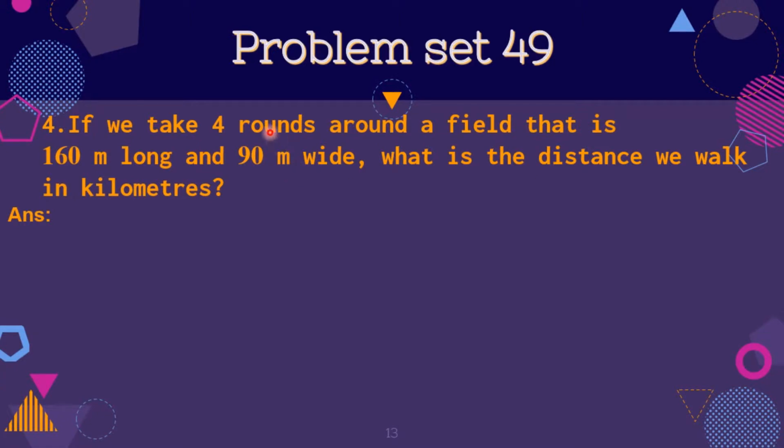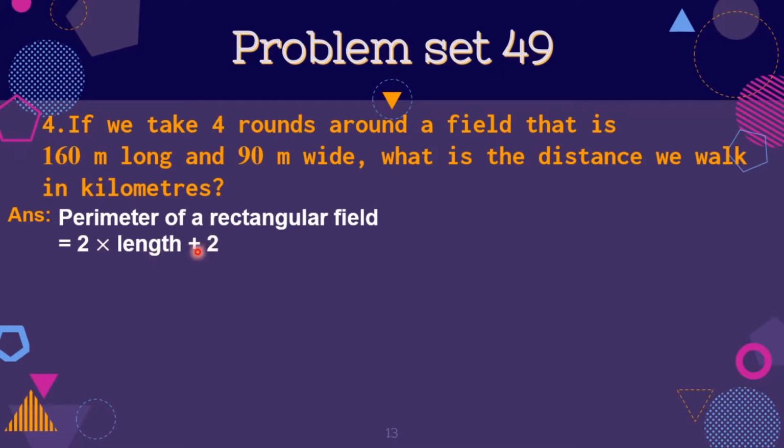So first, let us find out the distance walked in one round. And for that, we need to find out the perimeter of this rectangular field. And we have the formula for perimeter of a rectangle is equal to 2 into length plus 2 into breadth.